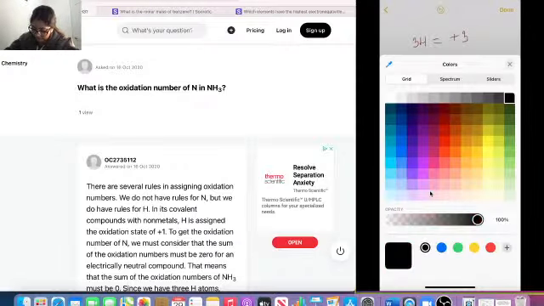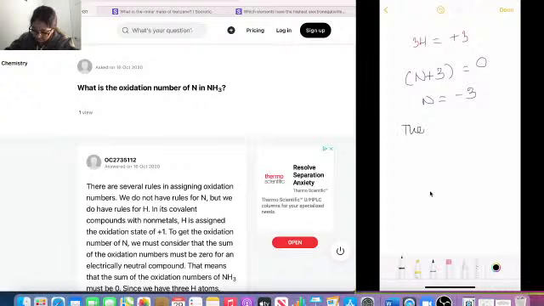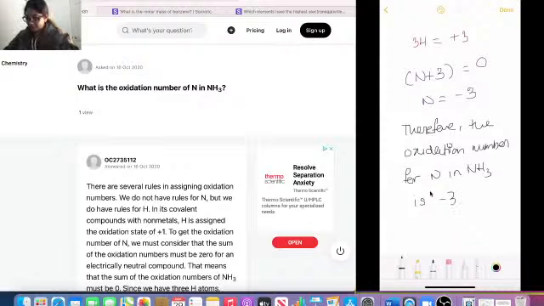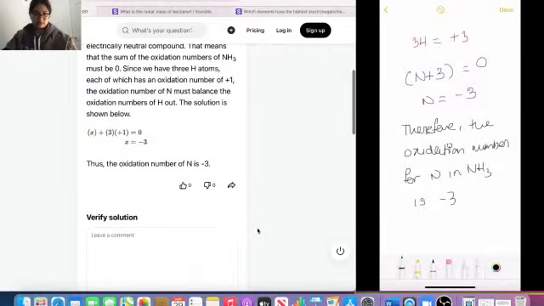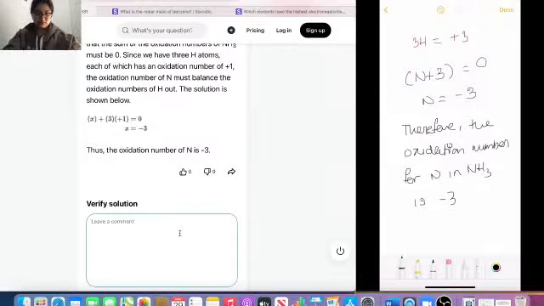Therefore, the oxidation number for nitrogen in NH3 is -3. Yeah, this is what they have got. So, the solution.